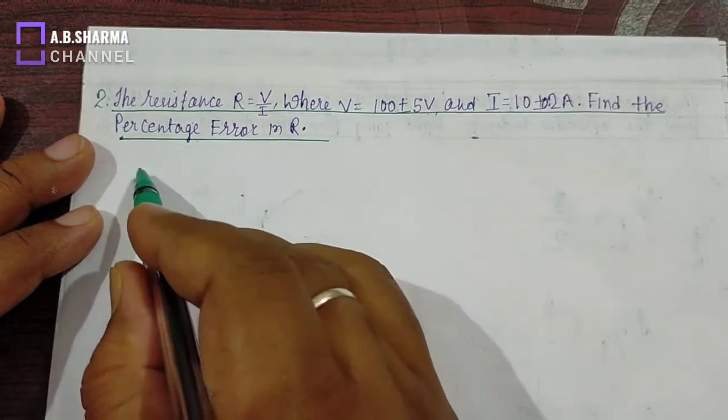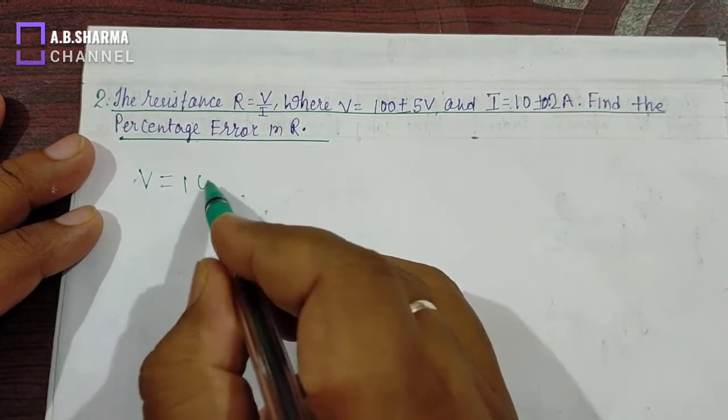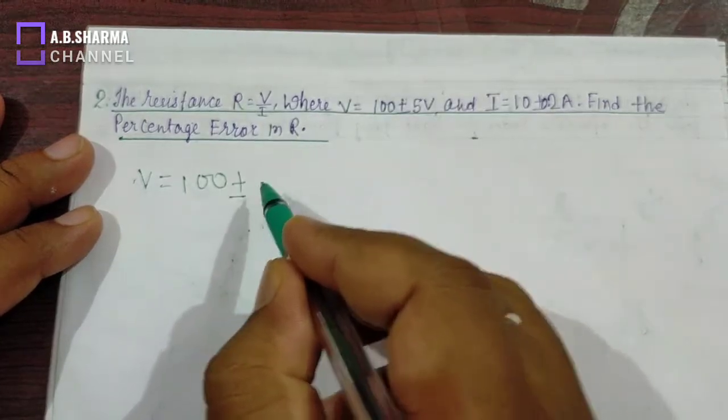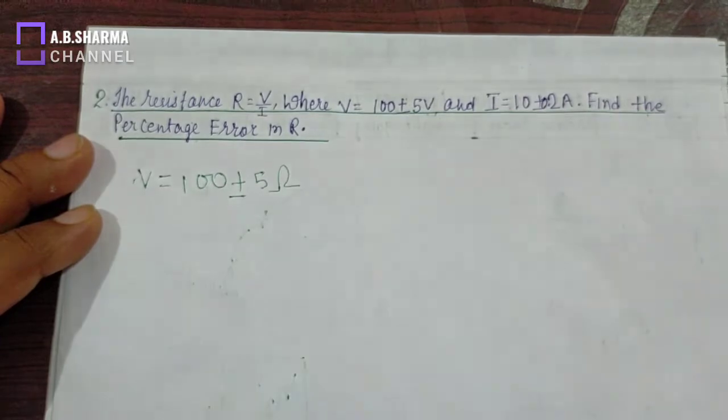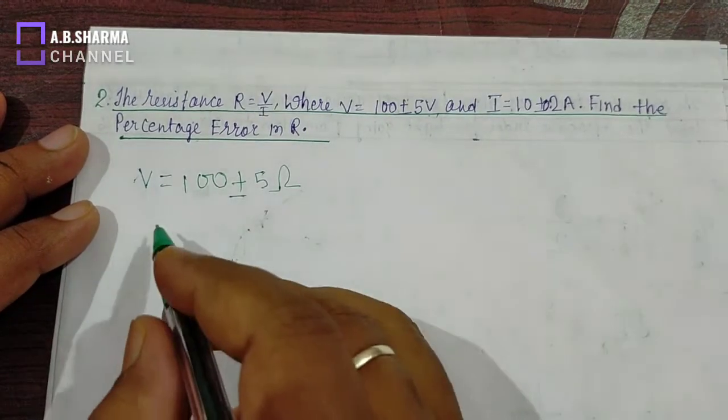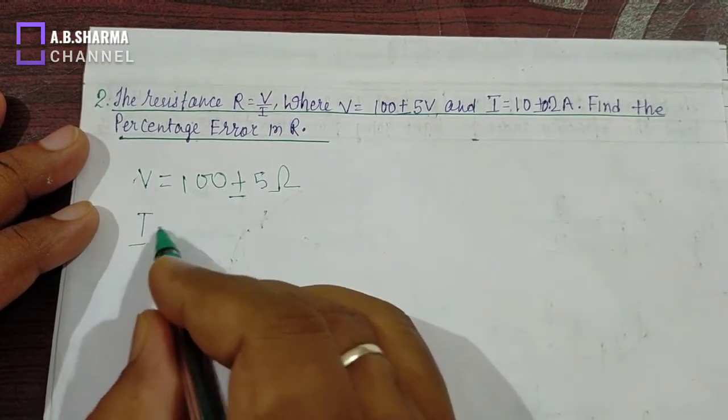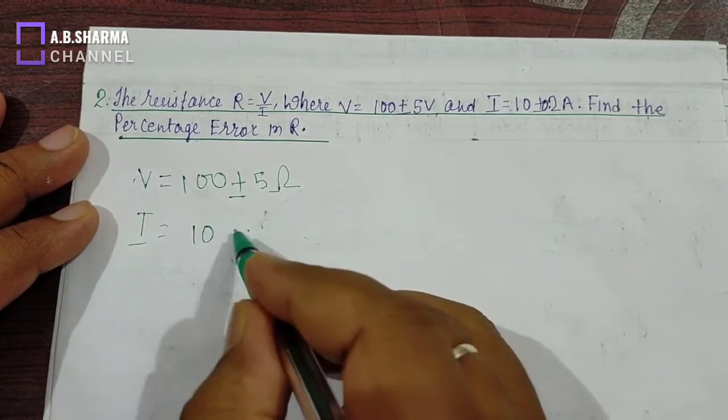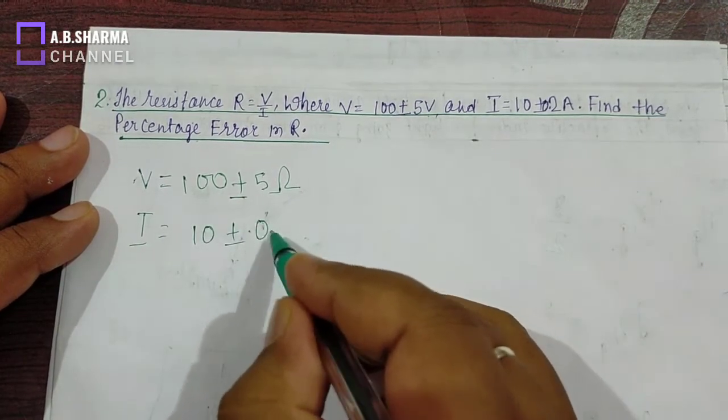V equals 100 plus minus 5, and I equals 10 plus minus 0.2.